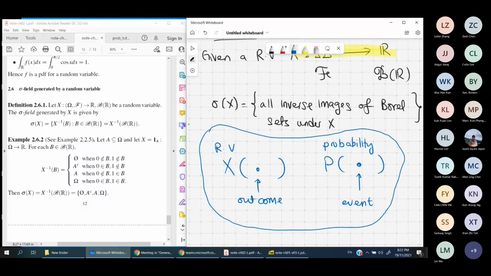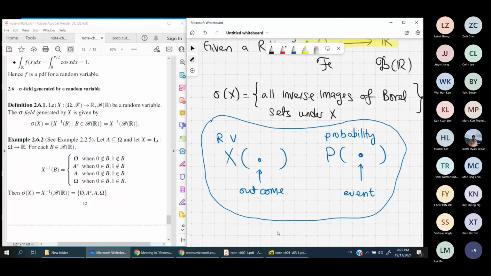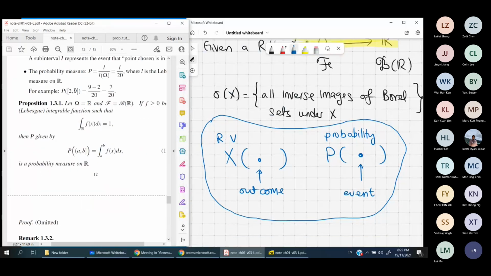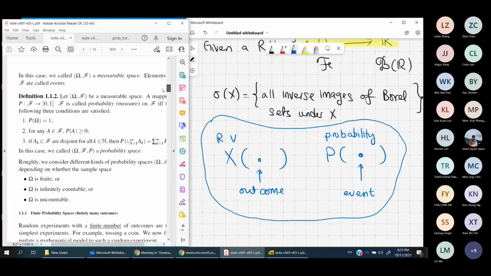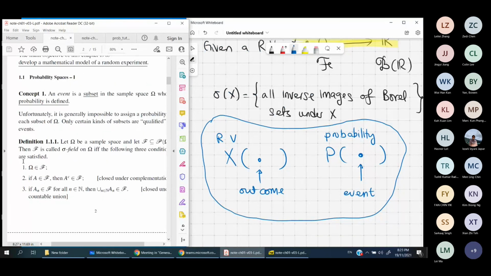Okay, so what we can do, we can just take this sigma X to be all the inverse images of Borel sets under this X. Okay, again, first of all, we need to verify that it satisfies the properties, the definitions. But I'm not going to do it over here, I leave it to you. All right. So it has to satisfy these three things over here.